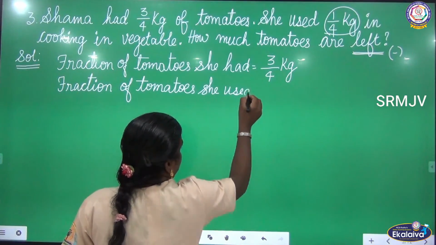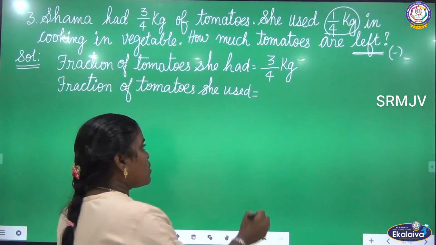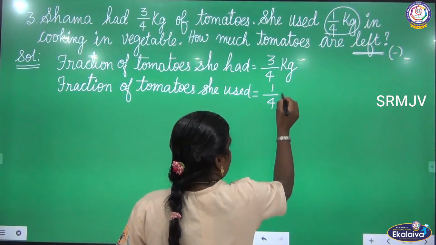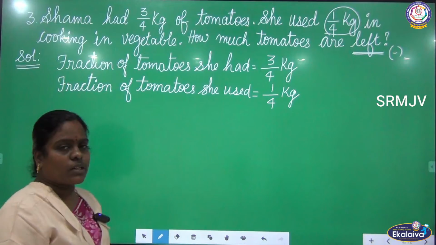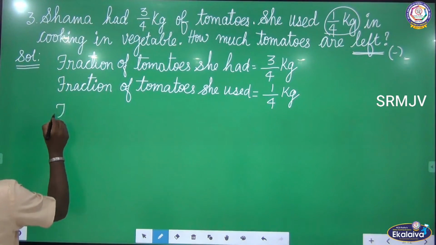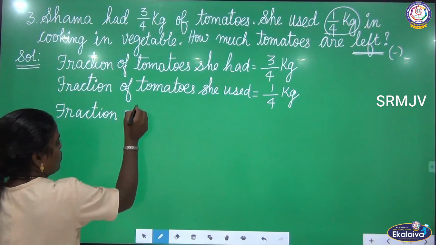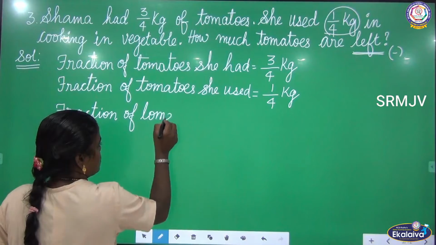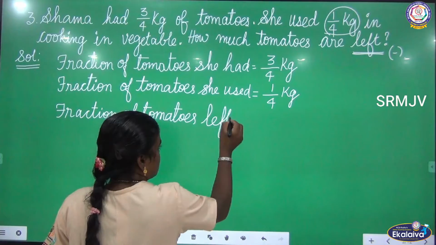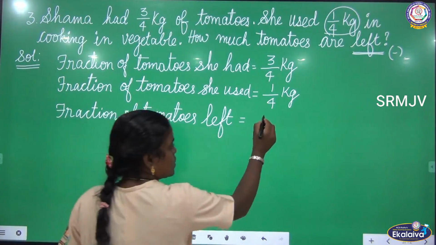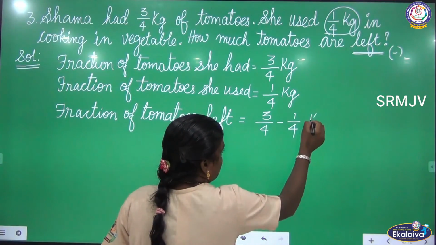So first statement, which she had, and the second statement, which she used. So she used 1/4 kilogram of tomatoes. So we want to find out the fraction of tomatoes left. Fraction of tomatoes left. So subtract the given fractions, that is 3/4 minus 1/4 kilogram.